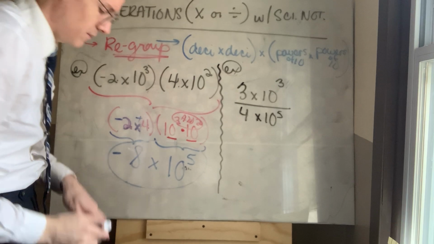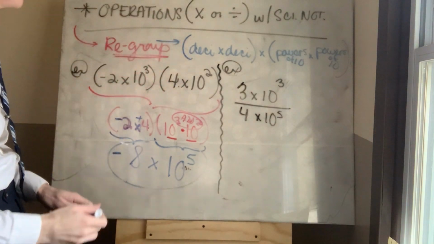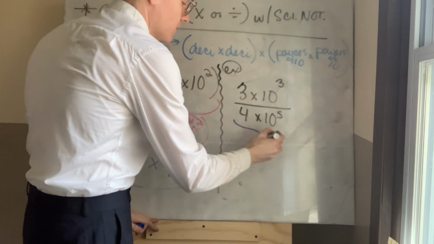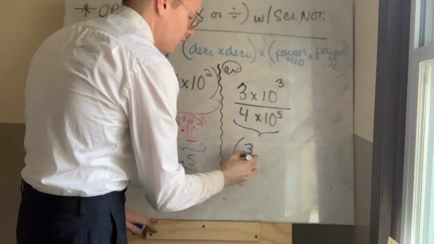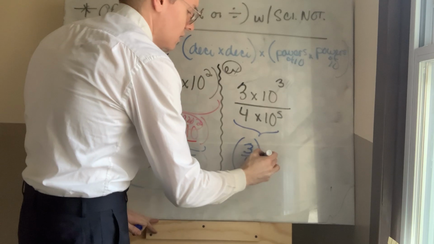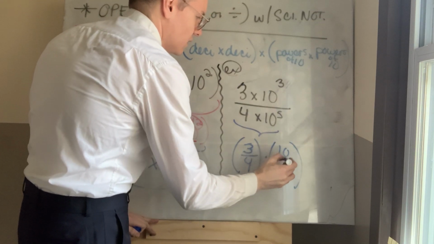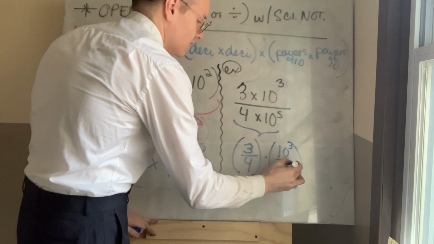You can do the same thing. You could regroup. So if you want, think of this as being 3 over 4 next to 10 to the third over 10 to the fifth.